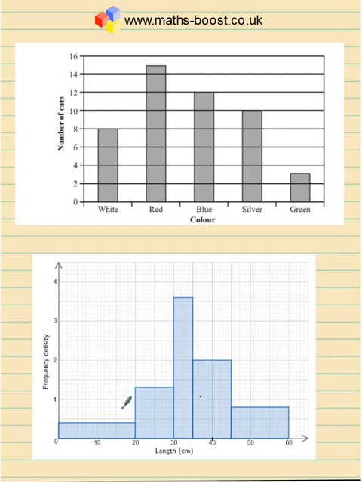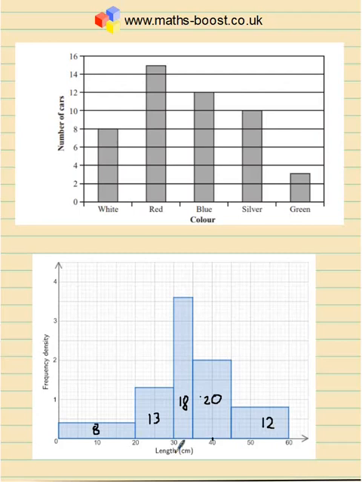And area is very easy to work out because they're all rectangles. This rectangle has a width of 20 and a height of 0.4, so we can see the area is 8. And we'll do the same with the others, and we'll find that they have these areas.